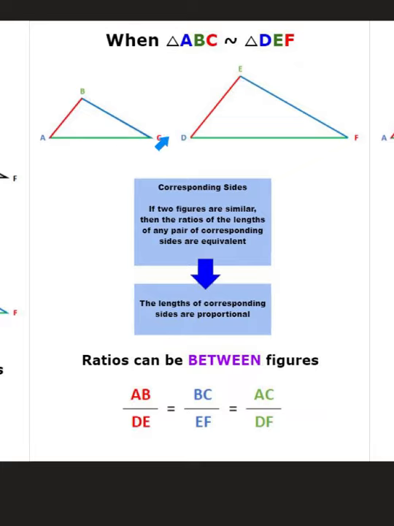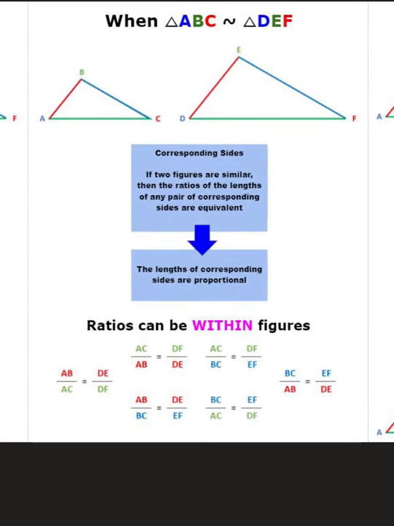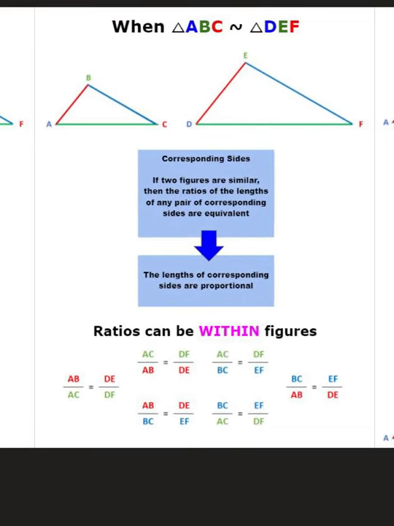So those match up. That's what corresponding is, when they're in the same position of each figure. And on the next slide, it's just some more examples of putting your corresponding ratios together.